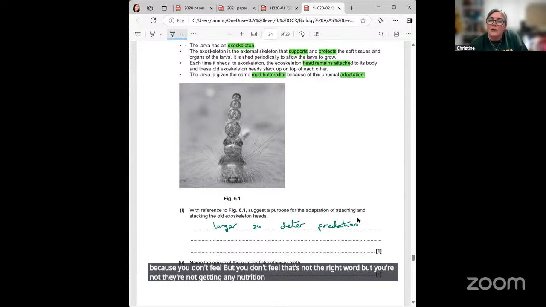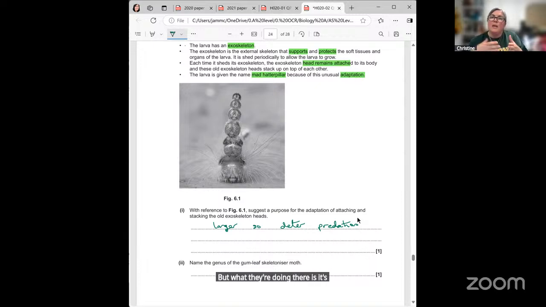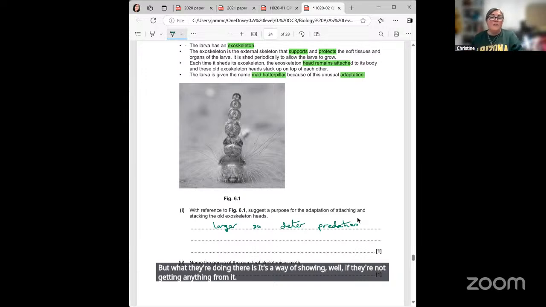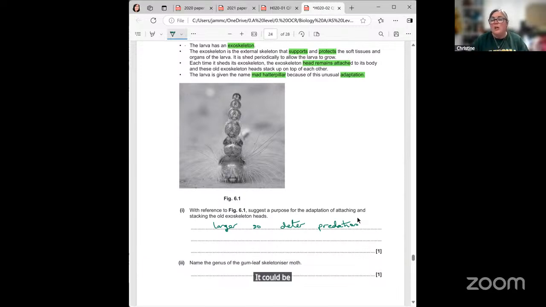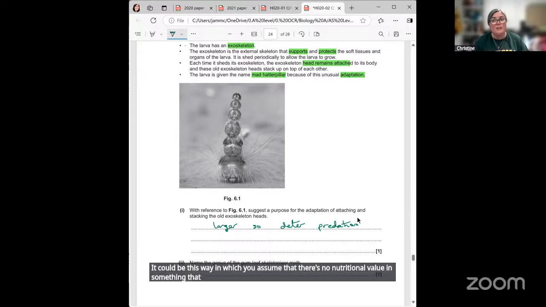There's no nutritional value from the exoskeleton unless they have the enzymes to digest it, in case they went down that route. But if they're not getting anything from it, that may deter them from feeding on something else that looks like it. So you could assume that there's no nutritional value in something that looks very similar when actually there is. It's that whole thing of stopping predation any which way they can.